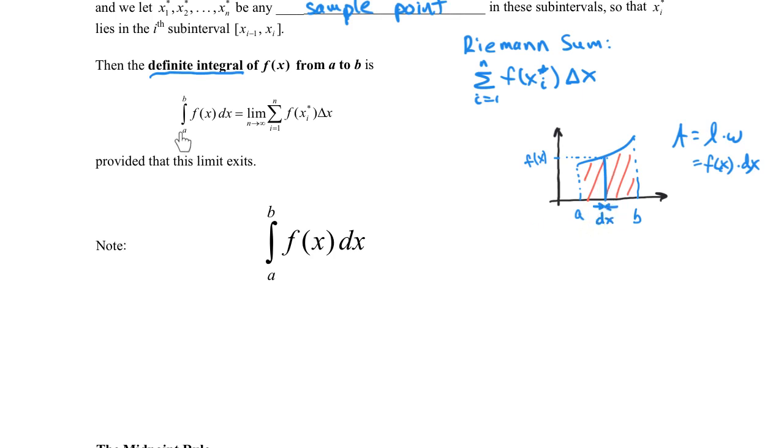Because once you have this notation, that means you've taken the limit. And also one thing you notice in math in general, when you see delta x, it means a change in x. When you see dx, it means a change in x, but after the limit has been taken.